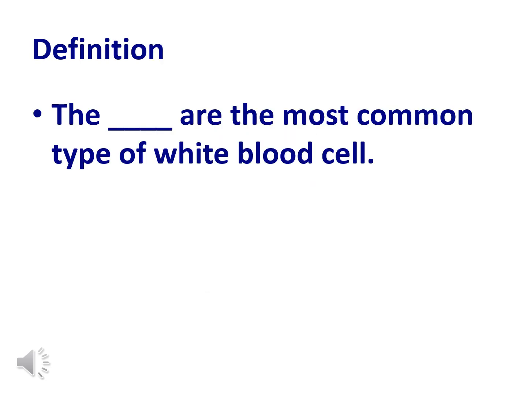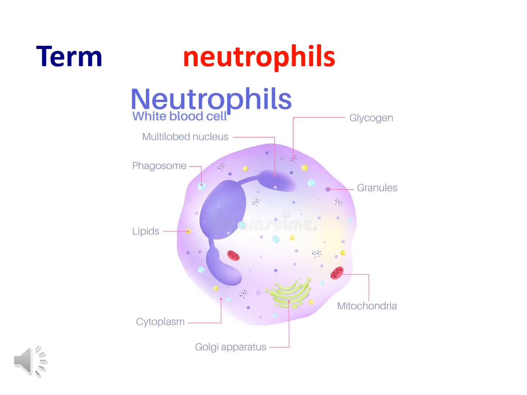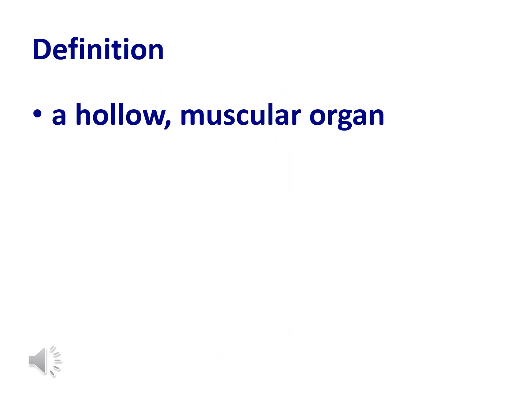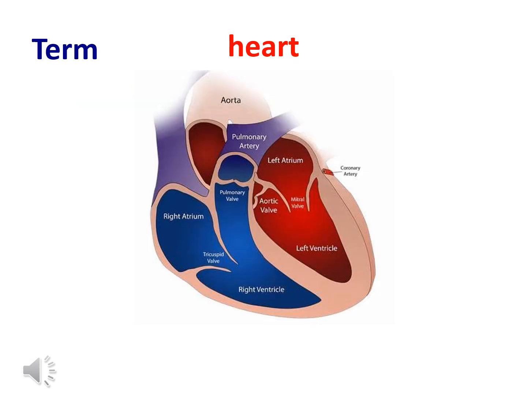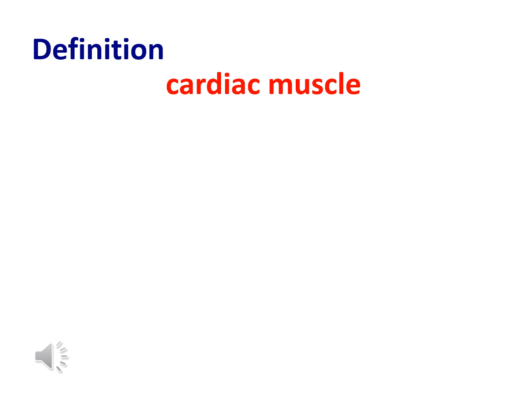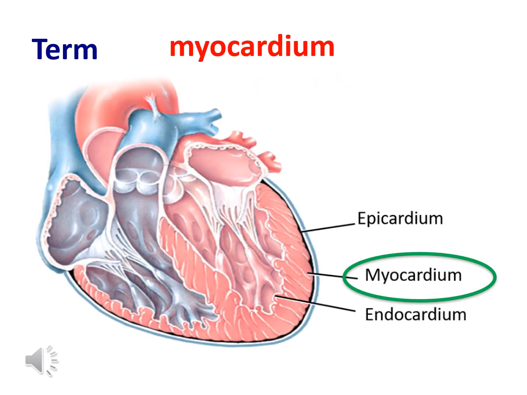What are the most common type of white blood cell? Neutrophils are the most common type of white blood cell. In the human body, when we mention a hollow muscular organ, we think of what? If you think of the heart, you are correct. What is the medical term for cardiac muscle? That is myocardium.